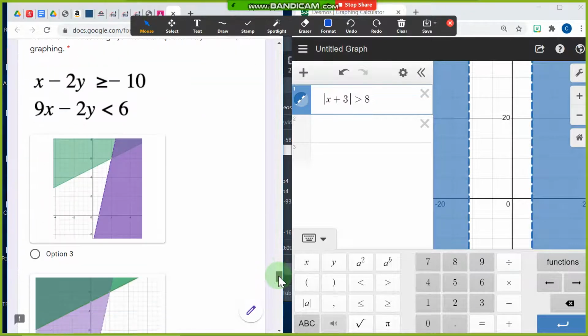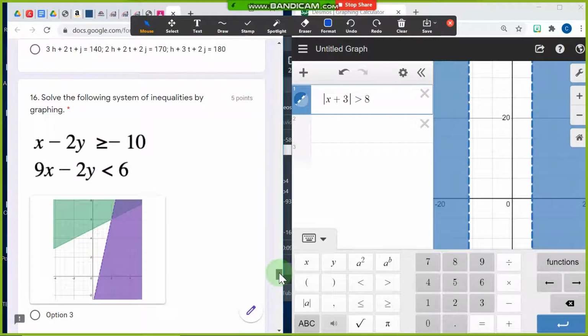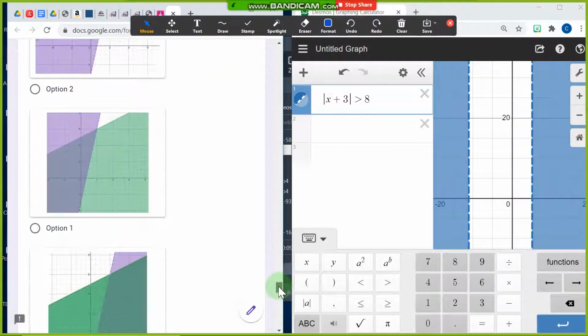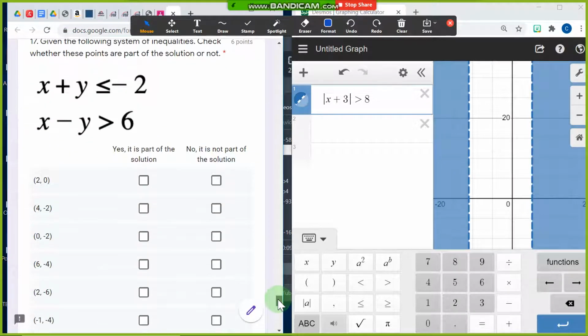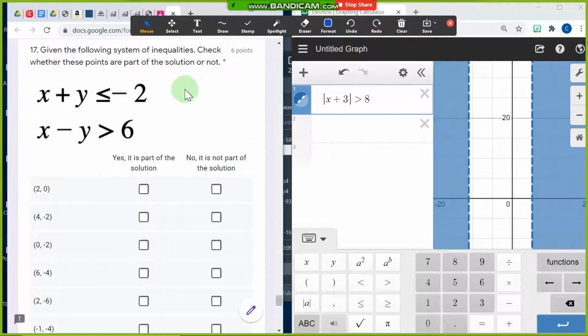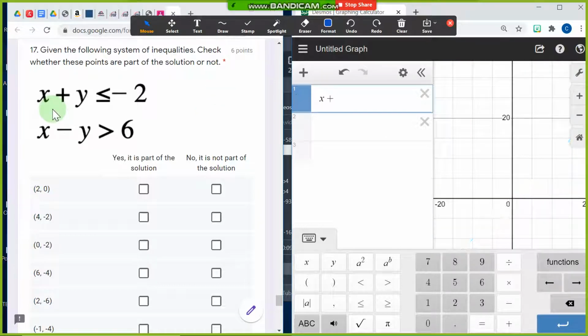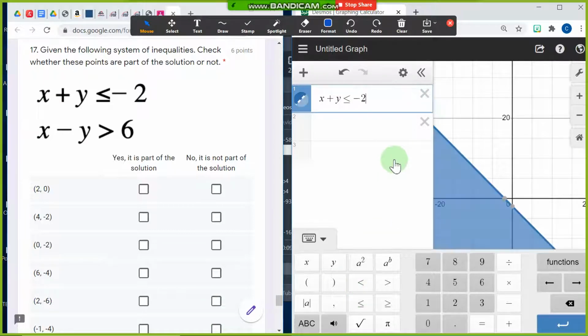Next up is number 17. Here, just graph and match. Shouldn't be too tough. Number 17, checking for which points are part of the solution. I'm going to graph these, x plus y less than or equal to negative 2.